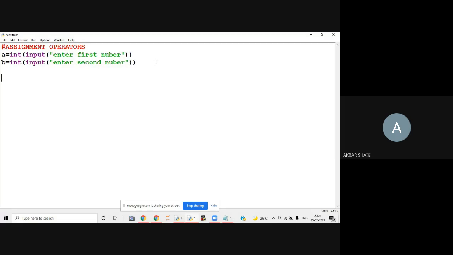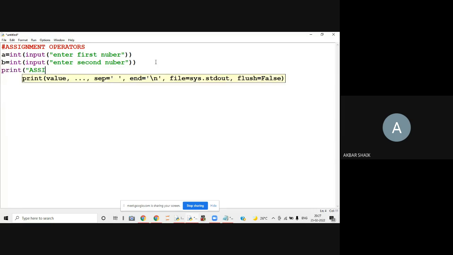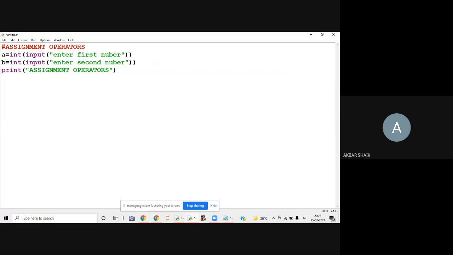Now I'll write print, assignment operators. Everyone, please observe carefully how I am doing this.